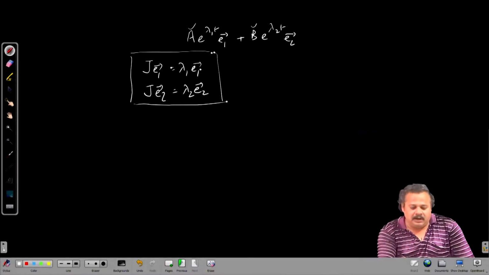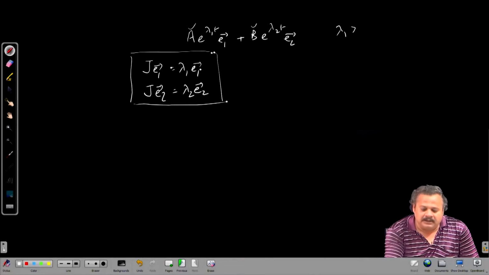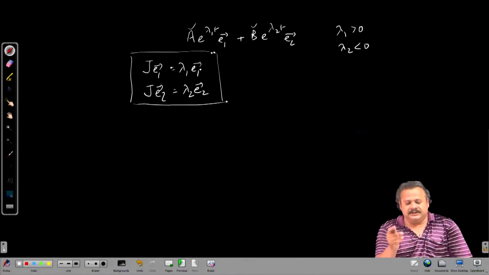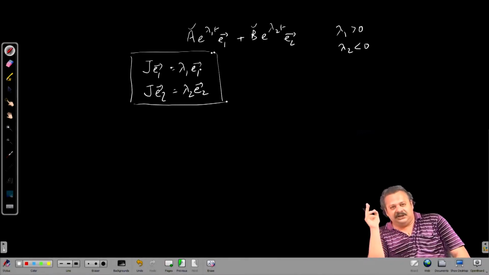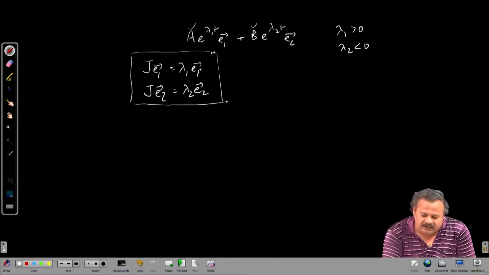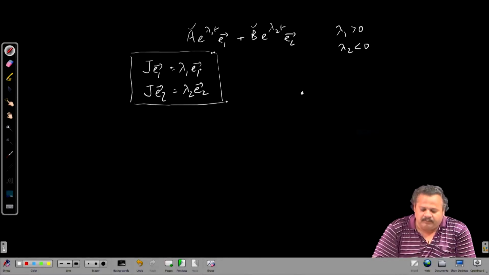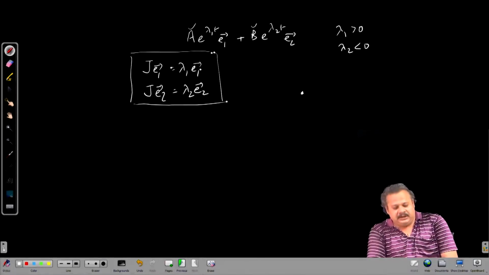Now when the case of lambda 1 greater than 0 and lambda 2 less than 0 is considered, near the equilibrium point the trajectory is diverging along one of the eigenvectors while converging towards the equilibrium point along the other eigenvector. This gives an interesting behavior: if this is the equilibrium point whose linearization yields lambda 1 and lambda 2 that are real and of opposite signs.